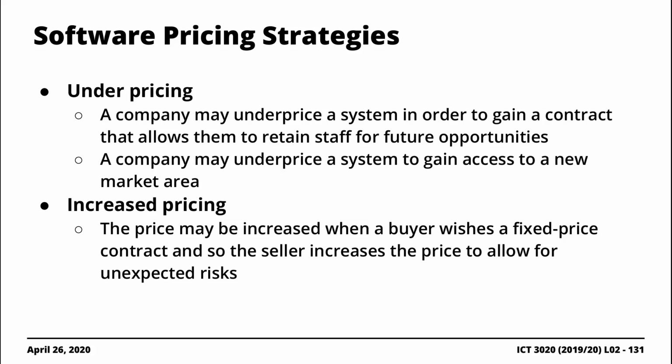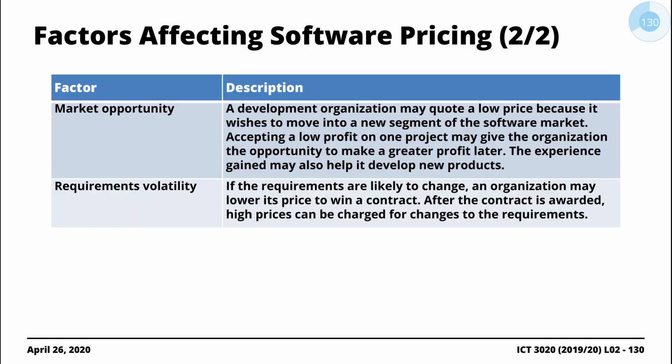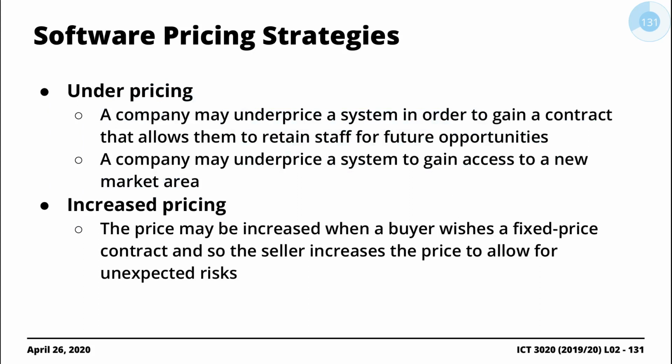All right, so in terms of strategies here, there are really two main strategies that you need to think about. You can either underprice or you can increase the price, right? Again, to sum up some of the things we already mentioned, you would be underpricing so that you win the bid, if you're bidding against other companies.